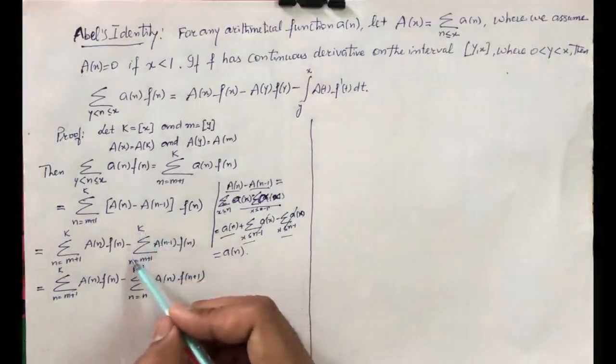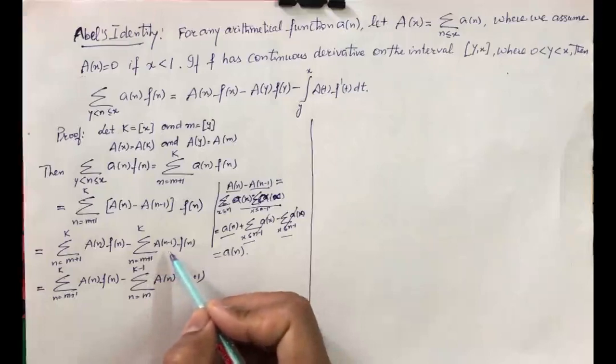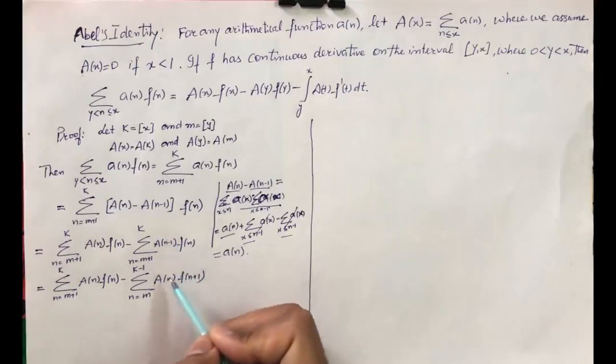What we have done here is we have just substituted n minus 1 as n.